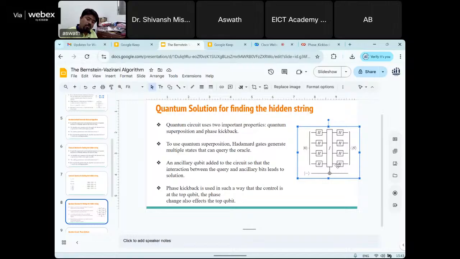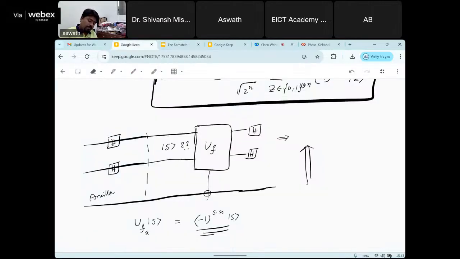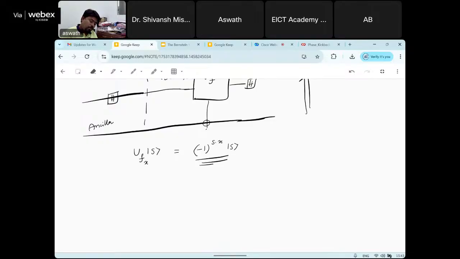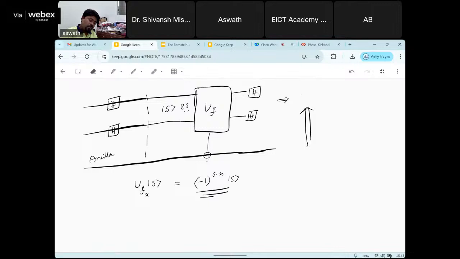The moment you do this, you get S exactly out. I am saying that the moment you act a system of Hadamards at this point, you would get S out. So this is maybe all zeros.